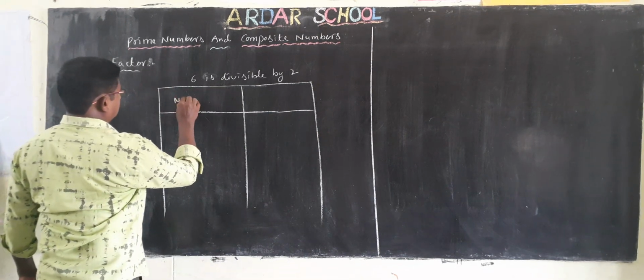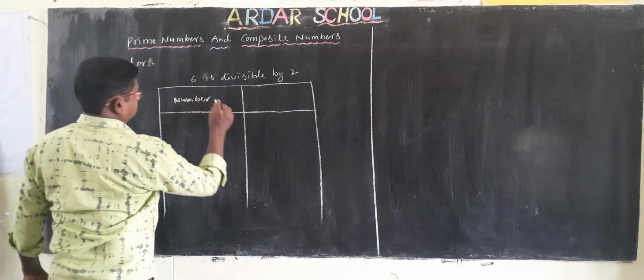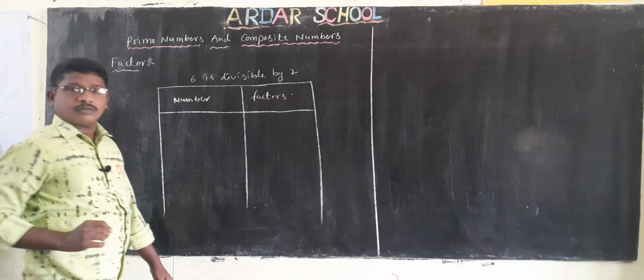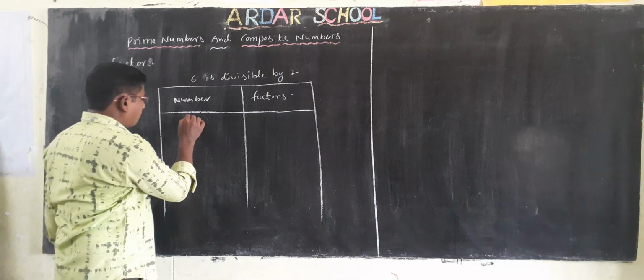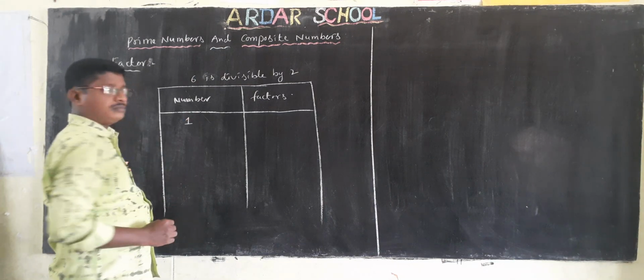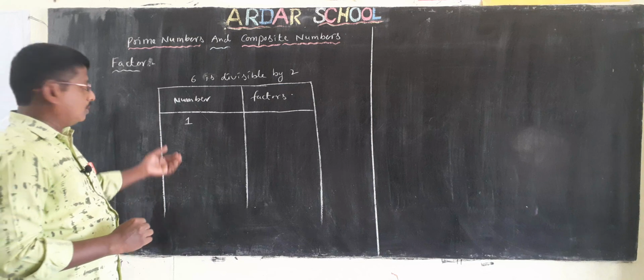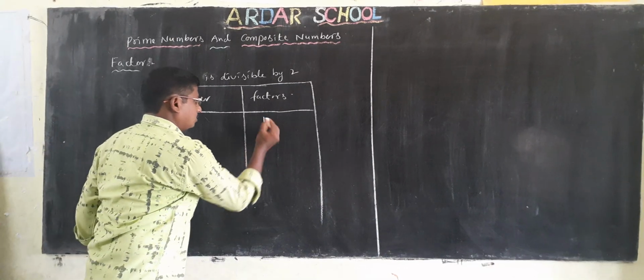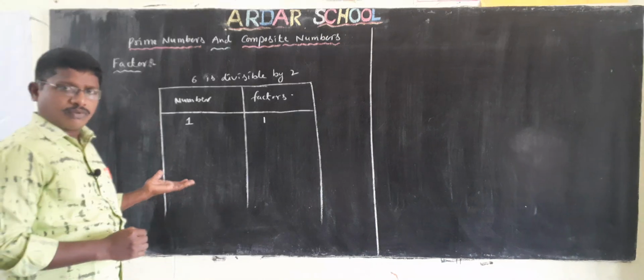Number, factors. What is the factor of 1? Which number is divisible by 1? Only 1. 1 is divisible by 1.